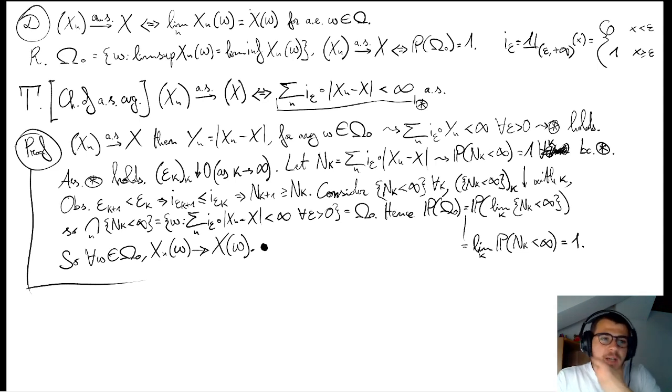Let's try to recap. So, for the first part, we assume almost sure convergence and show this by means of the result of the convergence of real sequences. And on the other hand, what we do is we assume this, we consider a decreasing sequence of epsilons.